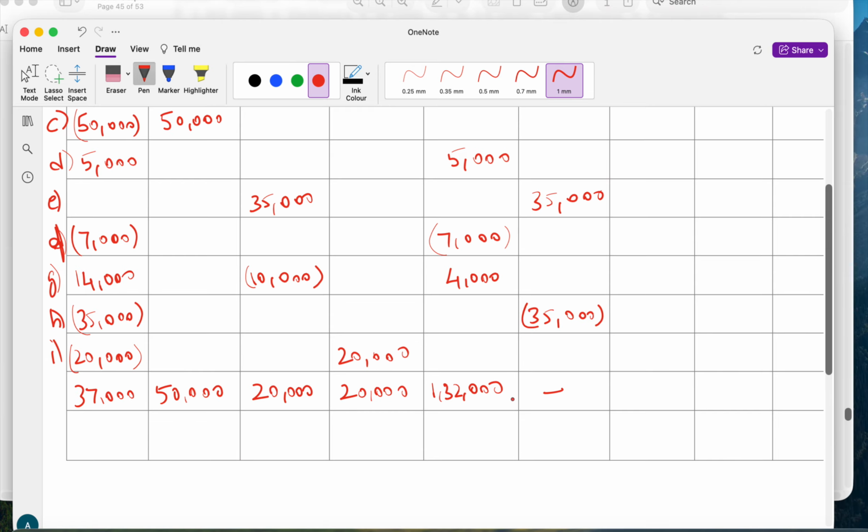So this is your capital. From here to here it is your assets, and this is the liability, which is nil. So assets, if you sum it up, stands at 1,32,000, which is equal to the capital, which is also 1,32,000, plus liability is 0. Hence the accounting equation is balanced, right?